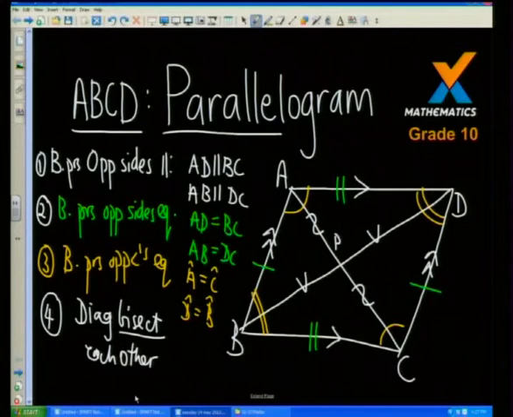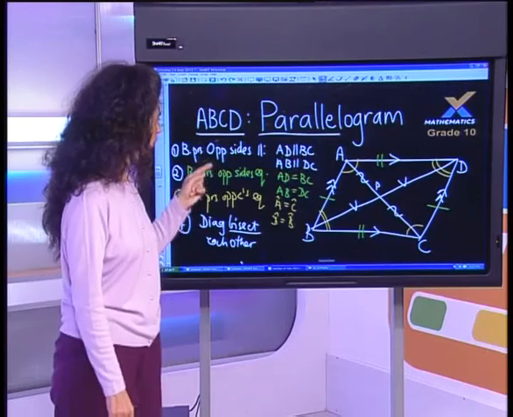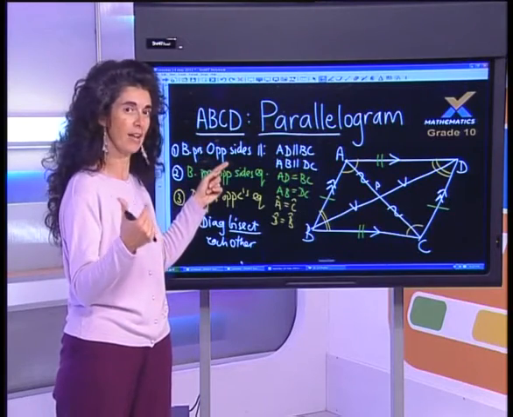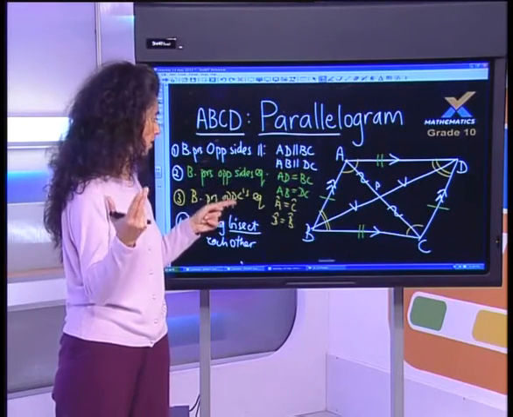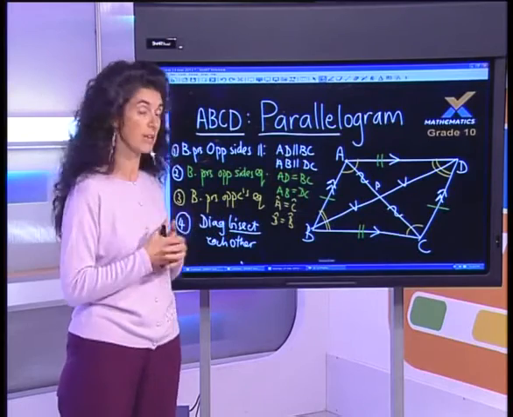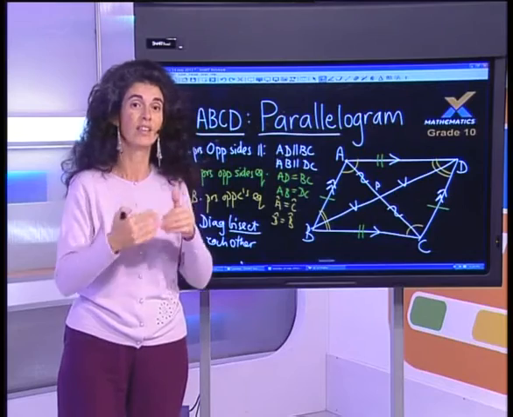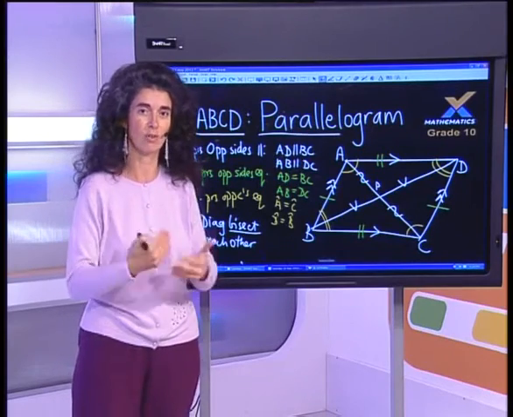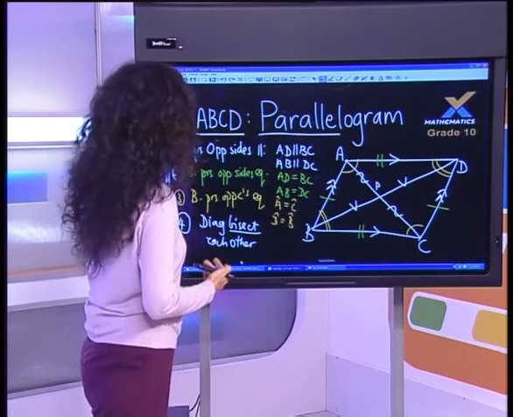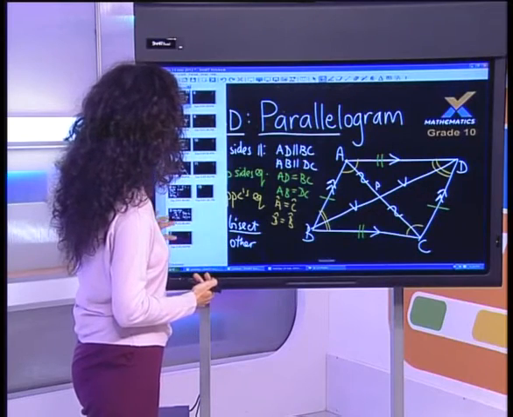And if we would like to prove that we have a parallelogram, then we should be able to show that one of these is in operation. We should be able to show either that opposite sides are parallel, opposite sides are equal, opposite angles are equal, or the diagonals bisect each other. If we can show one of those in a normal quad, then we would be proving that that quadrilateral is a parallelogram. So let's actually write that up as a slide.